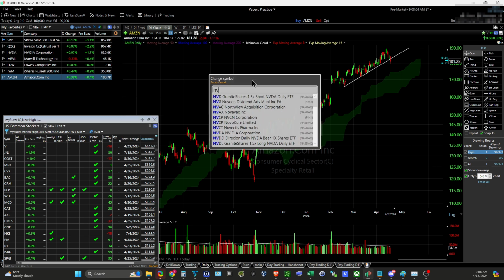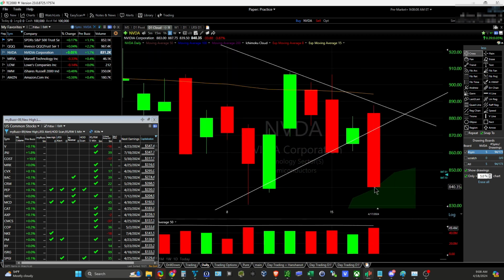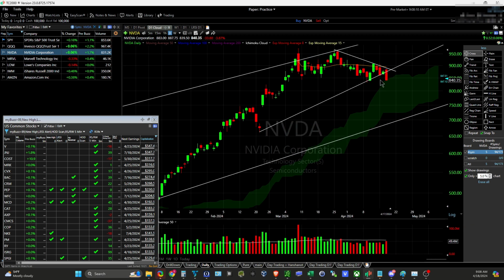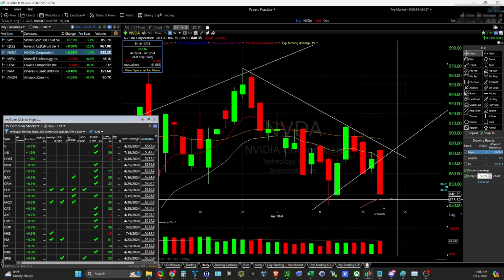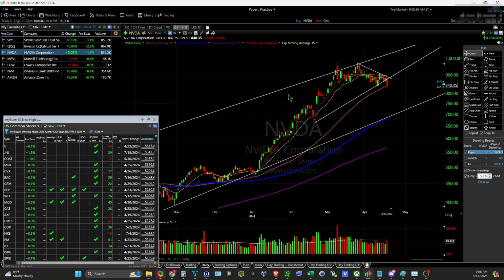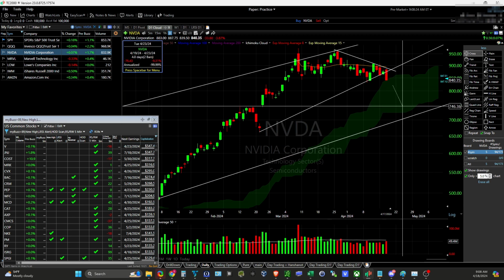That's a pretty simple explanation, but that's basically all you really need to know about it. There are times where stocks bounce right off it, like Nvidia yesterday. It went right to the cloud and stopped. It also happens to be where the 50 SMA is, very close by. And when you're in the cloud, it's kind of like you're in a chop zone.